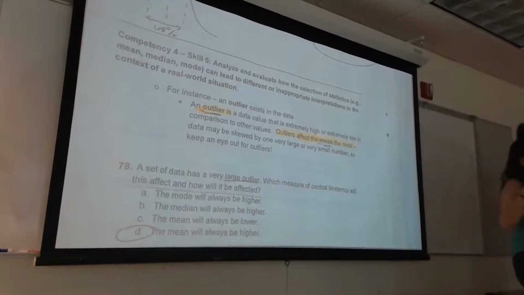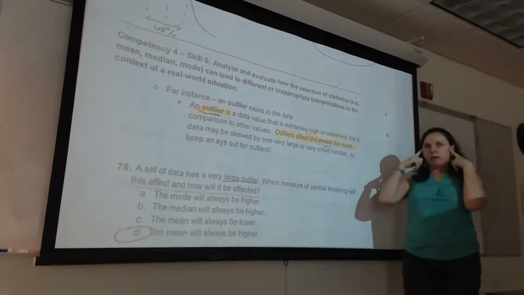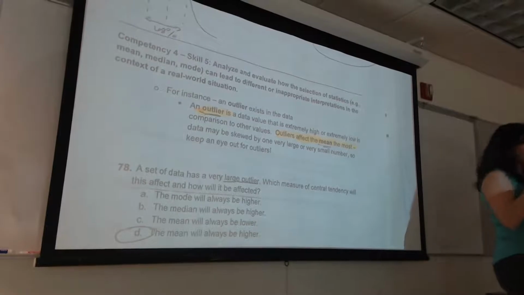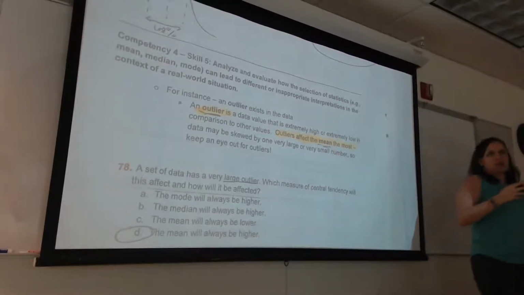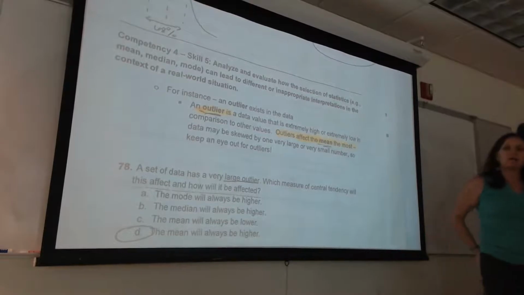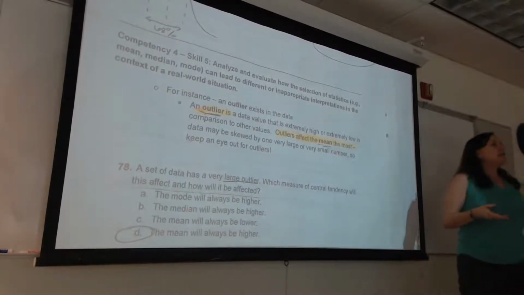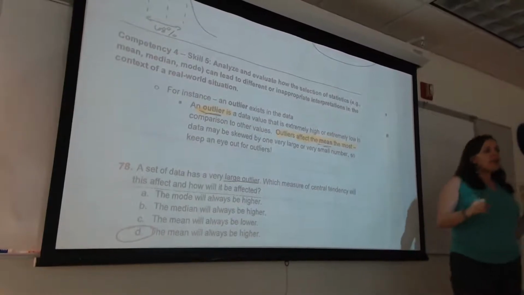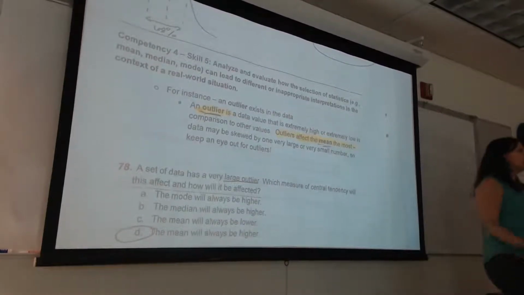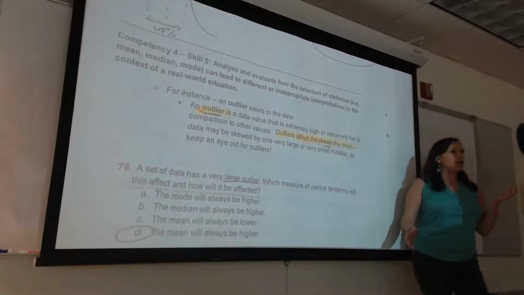So start training yourself to remember outliers. If you're looking at data and there's an outlier, it may go the other direction too. You're going to see some examples where a store might advertise that the average salary of people that work for us is $45,000.